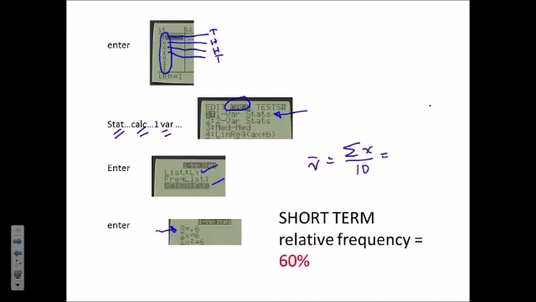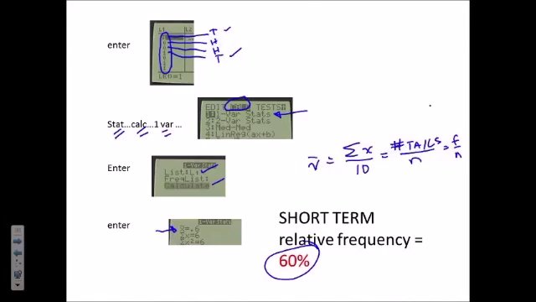So the sum of the scores, wouldn't that just represent how many tails you got? Because every time you got a tail, you got a 1 and zeros for heads. So this would be the number of tails over n. So that's f over n. That's the relative frequency. And that came out to be 60% in the short run.